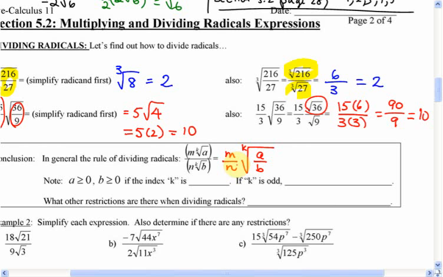Ladies and gentlemen, may I once again remind you that if the index is even, then your numbers a and b have to be bigger or equal to 0. If, of course, k is odd, meaning the index is odd, there are really no restrictions. Okay.